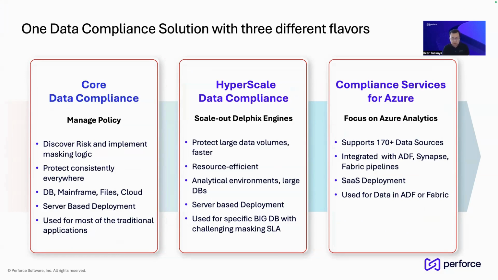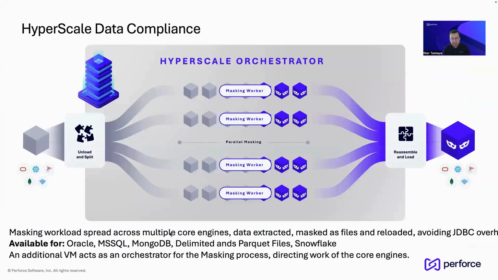But let's say that you are a large company where you need to protect 100 billion rows because you need to do performance testing against a protected data set, a full Oracle-size data set. You can use our Hyperscale product in this case, where you can horizontally scale across many Delphix worker nodes to protect that data set.